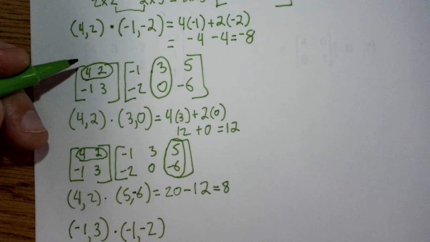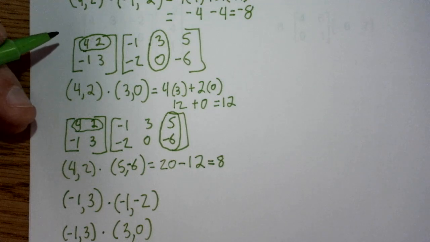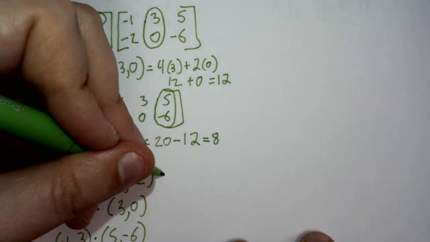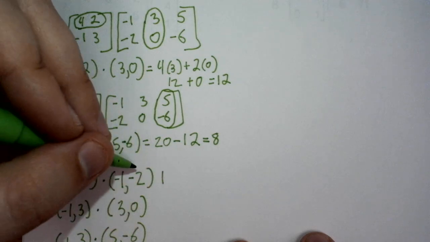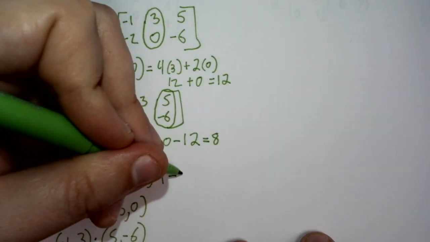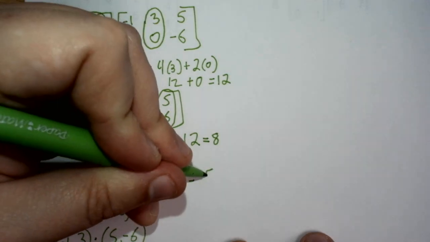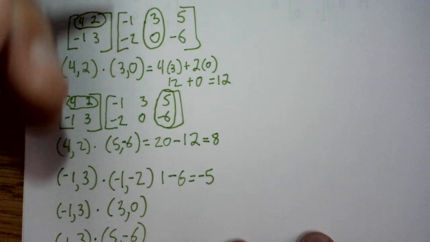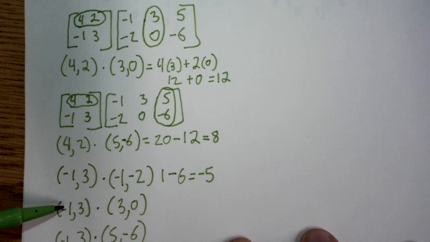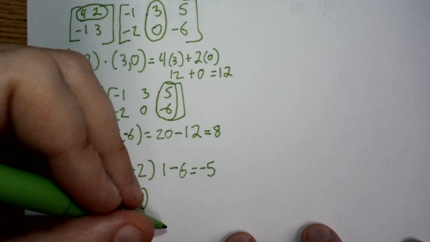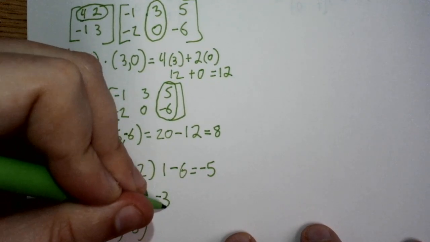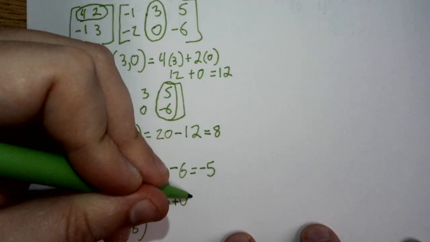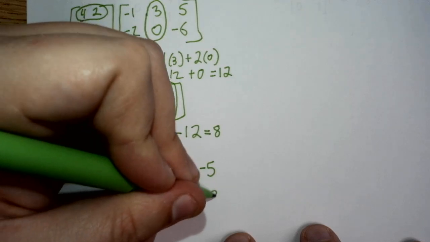Okay, so as I multiply that out, you get -1 times -1 is a +1. 3 times -2 gives me -6, which equals -5. I'm going to try and keep writing down those numbers as I get them. So -1 times 3 gives me -3. 3 times 0 gives me 0. So just -3.